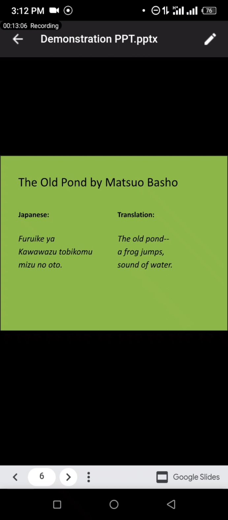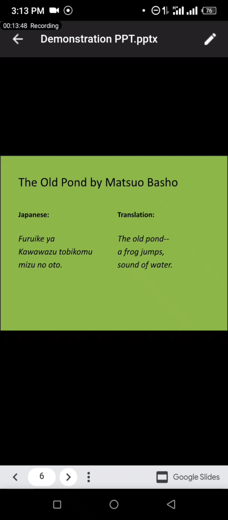So what have you noticed about the poem? As you can see, I think the poem is inspired by what he has seen or witnessed in his surroundings, in nature. Of course, the poem is inspired by the nature around the writer.